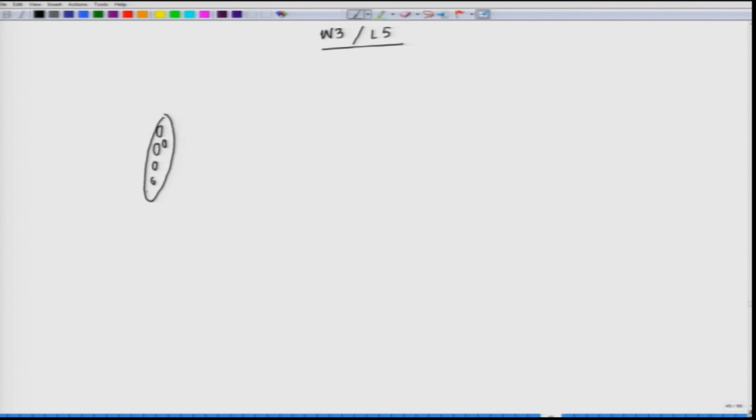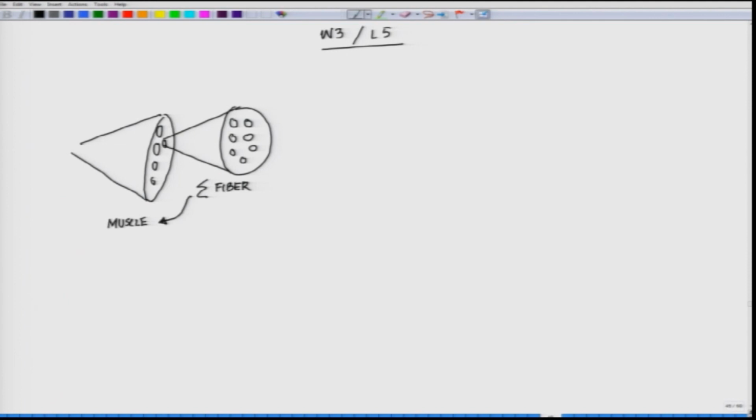If this is what we call as muscle, this is how we should be able to remember. So, we pick up the fibers, the smaller unit of it, the individual fiber attaching together to form muscle, right. From there we pick up another smaller unit, which is the myofibrils.